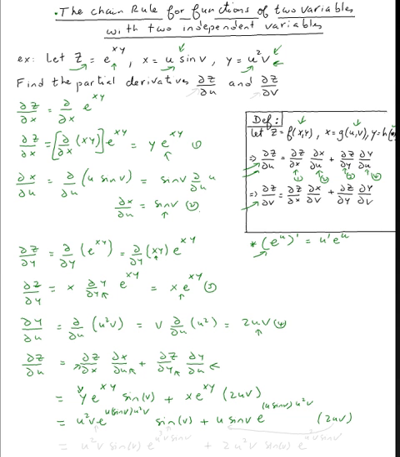So let's see if we can rewrite this a little bit better. Now this is going to be u squared v sine v. I'm going to write sine here, it looks better.